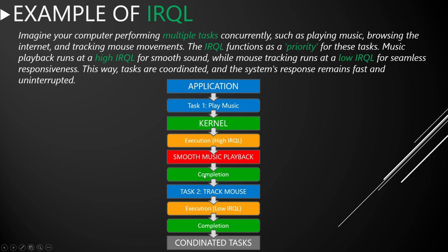After this task completes, we have the second task, task 2, track mouse, which will execute as low IRQL, and the second task is completed. And the same procedure will continue. Okay, the next tasks the same way. IRQL will decide which priority each task is going to have. Okay, and that was the example of IRQL.